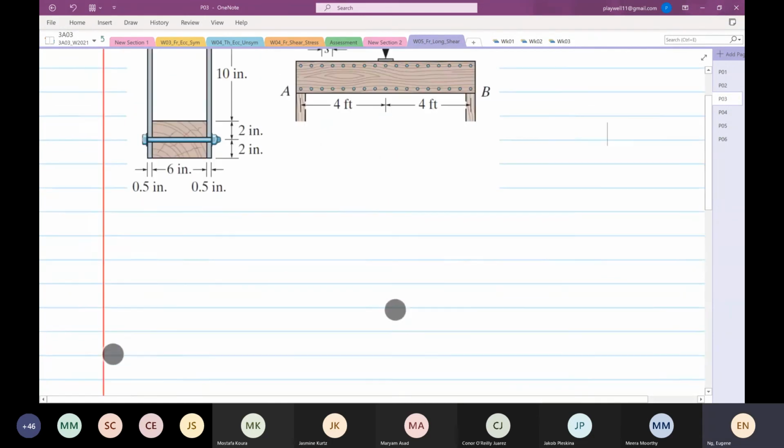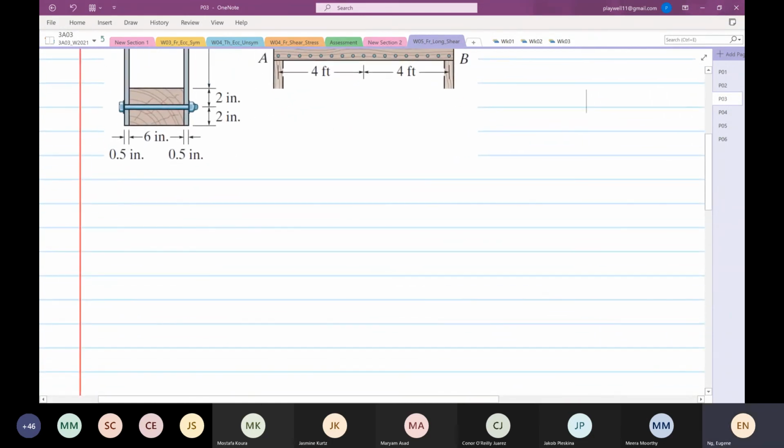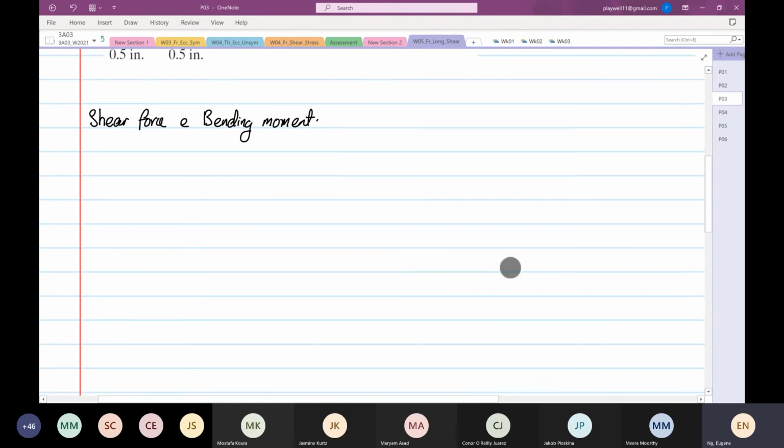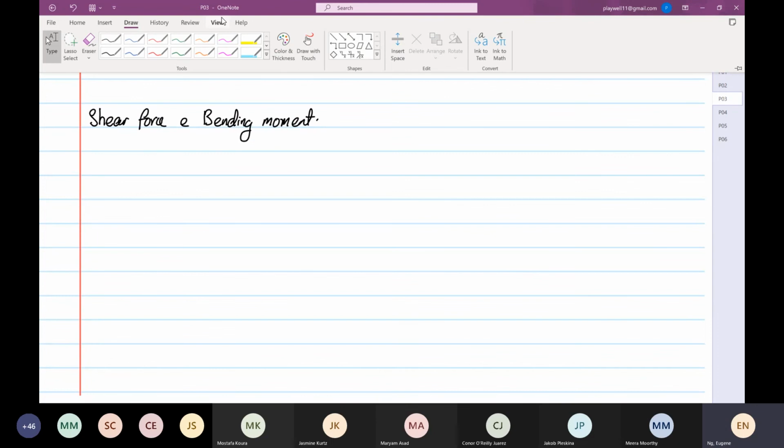So looking at that diagram, next we are going to construct our shear force and bending moment. Might as well do this now because we need our bending moment later on.